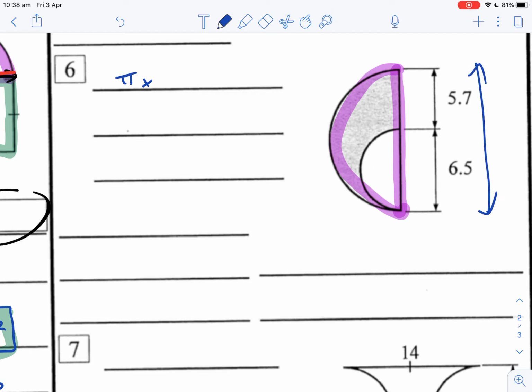So first we're going to add the 5.7 and the 6.5. So 5.7 plus 6.5 is going to give me 12.2. That is the full distance across there. But my radius for that grey half circle is going to be half of that. So if I divide that by 2, it's 6.1.